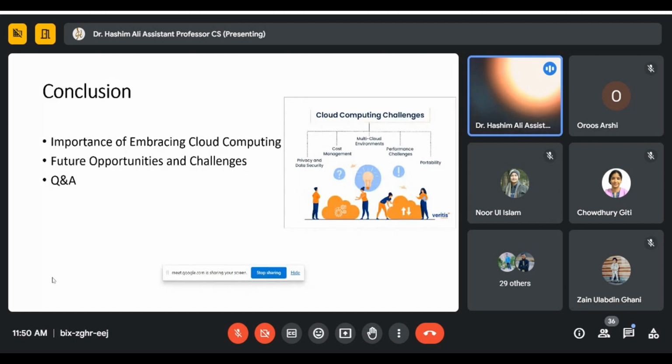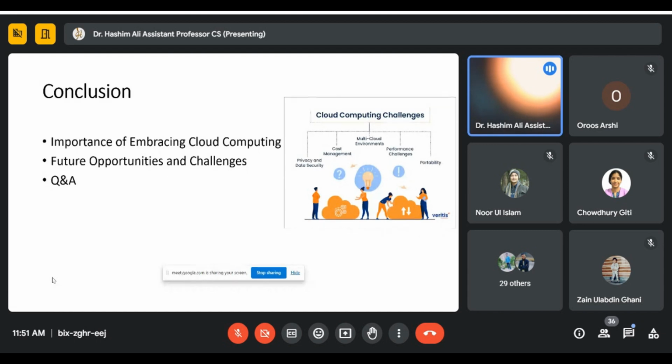An efficient algorithm where one application is migrated from one host to another host. So this is one of the future directions which can be further studied and investigated, in terms of the performance challenges in the cloud computing paradigm.